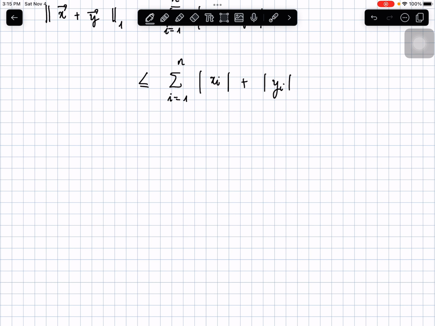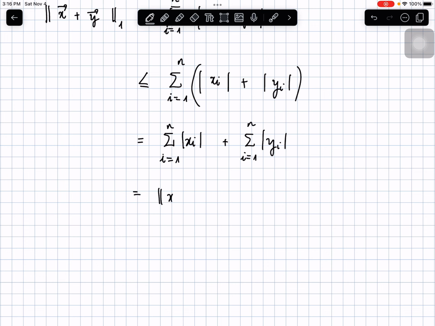And yes, by definition, this is norm 1 of x. So let me write one more step. This is the sum of the absolute values of xi plus the sum of the absolute values of yi.